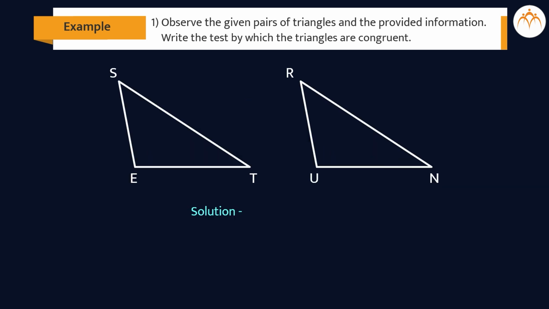Now in these figures, in triangle SET and triangle RUN, angle SET is congruent to angle RUN. Segment ET is congruent to segment UN. And angle STE is congruent to angle RNU. Therefore, triangle SET is congruent to triangle RUN by the ASA test.